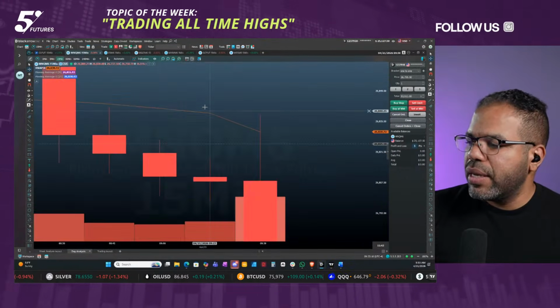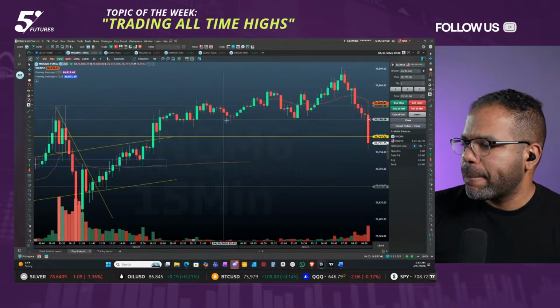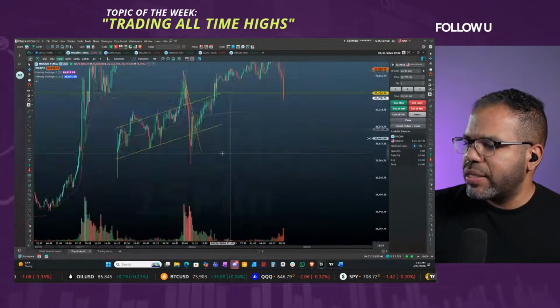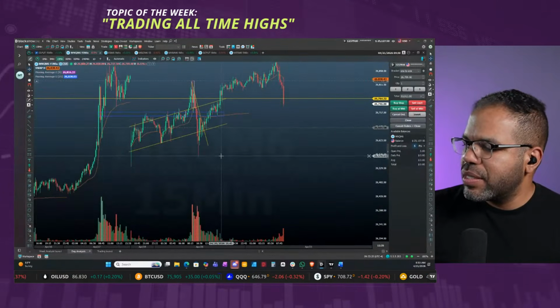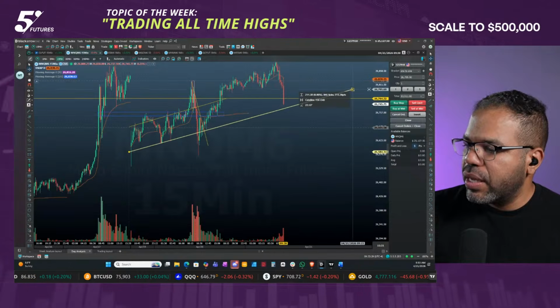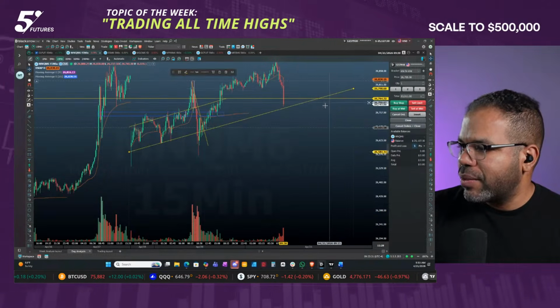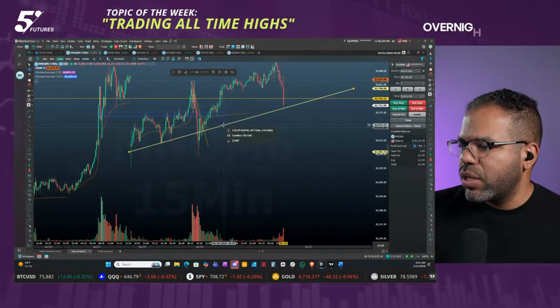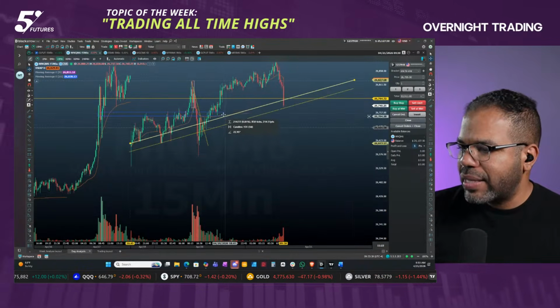Now, if I zoom in, I don't have it traced here, but we have somewhat of a similar pattern formation in the Nasdaq, right? And that's why it's good to look at multiple assets, because they will kind of show you what other assets are not.